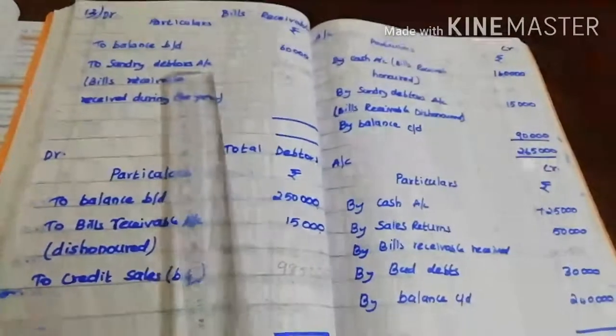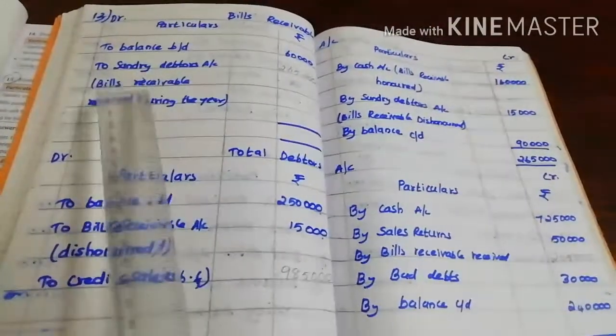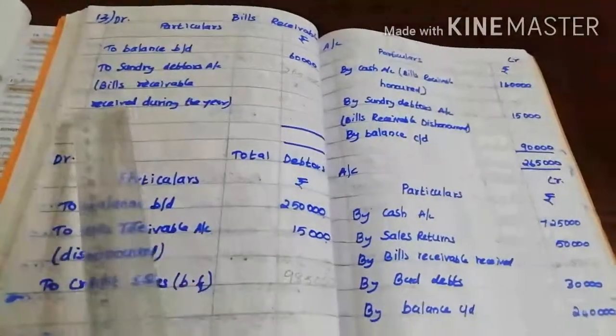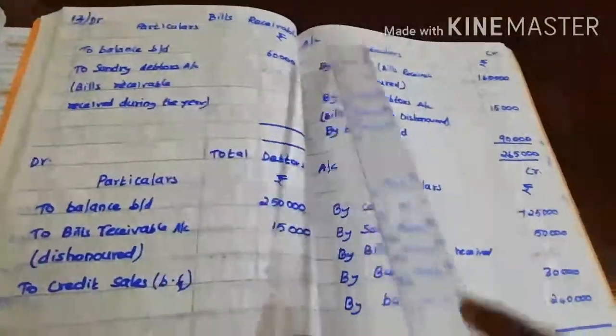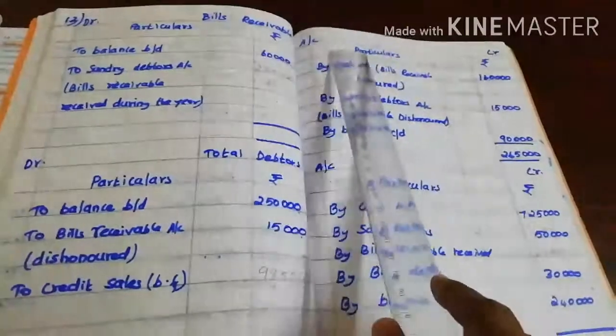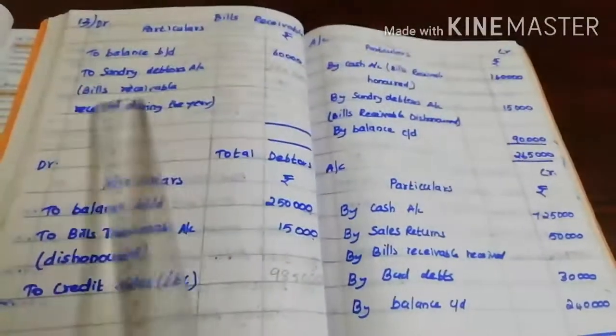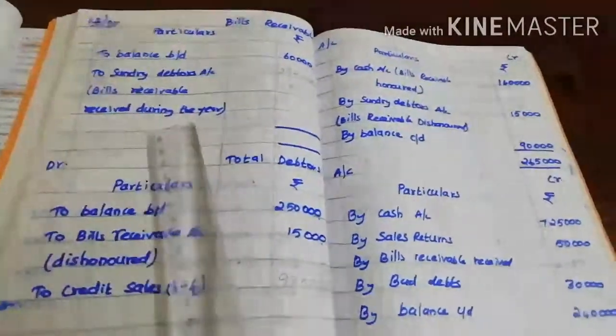Then you have to find out the bills receivable received during the year. Why are you preparing the bills receivable account? To find out the bills receivable during the year.